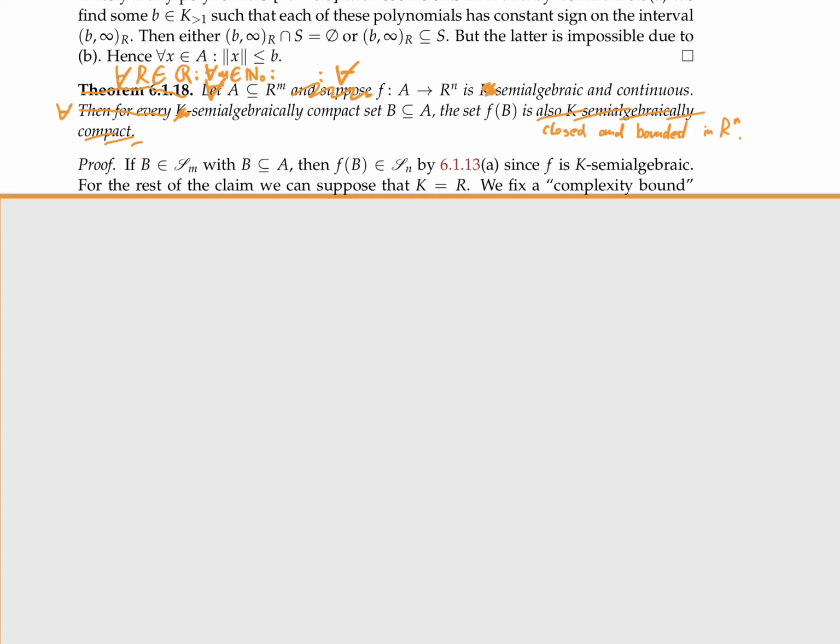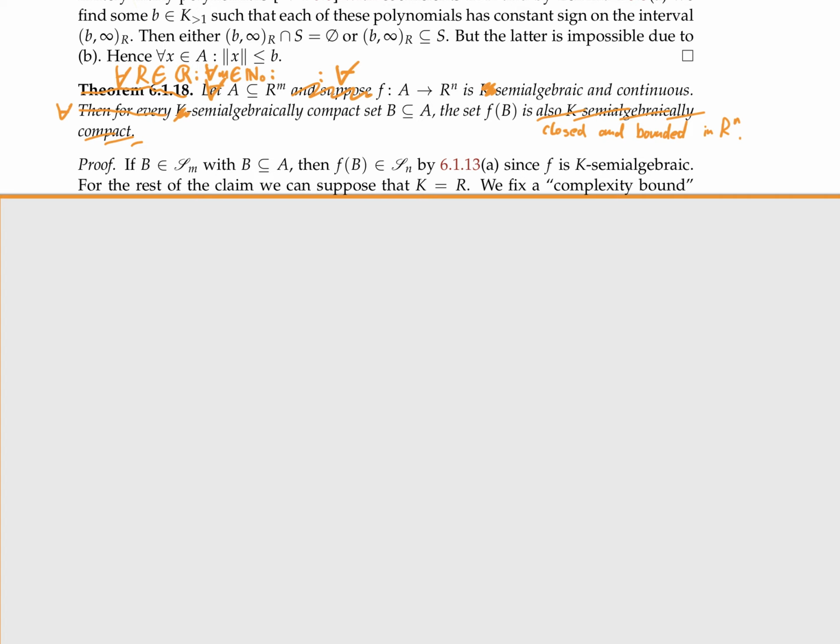Here I want even to speak about semi-algebraic functions now and semi-algebraic sets, for f and B. And how can I speak about them in my language, the language that allows quantifier elimination later? Well, the trick is just to speak about polynomials that define this set, right?